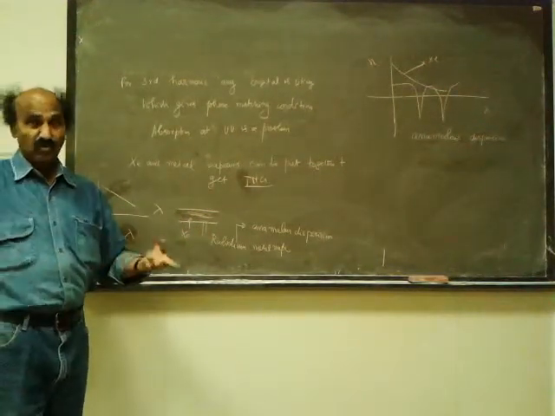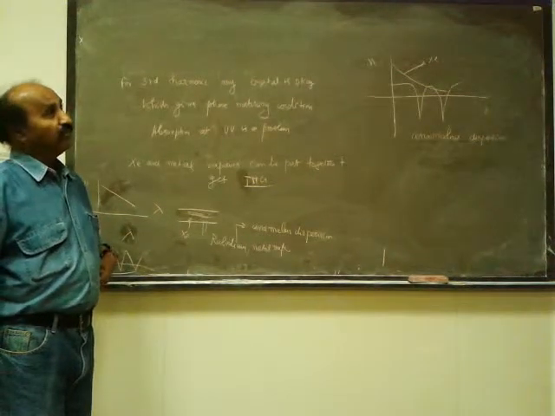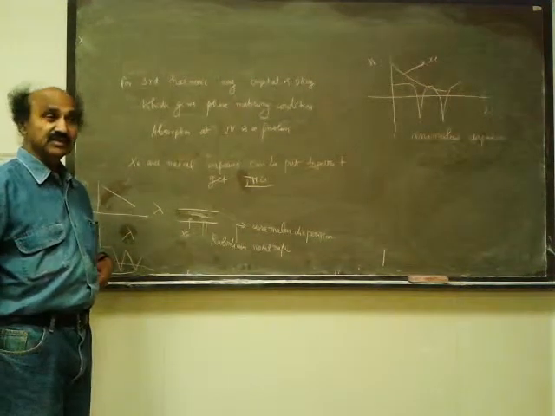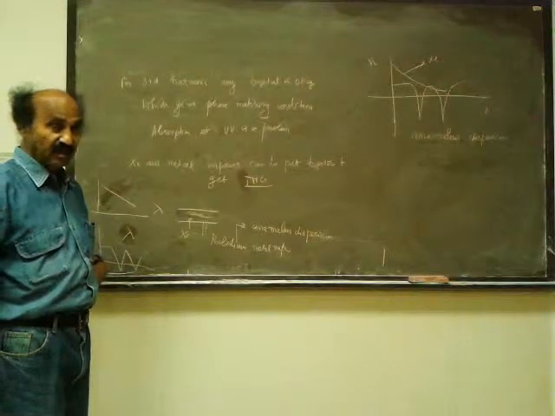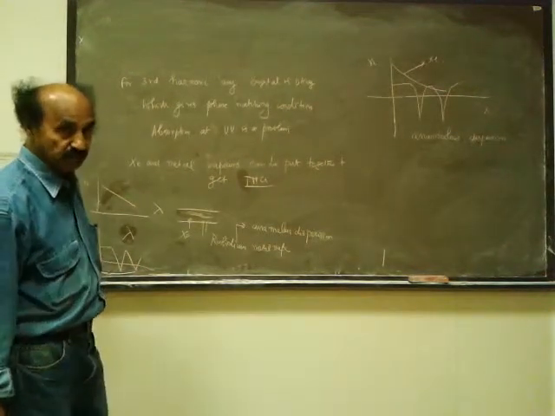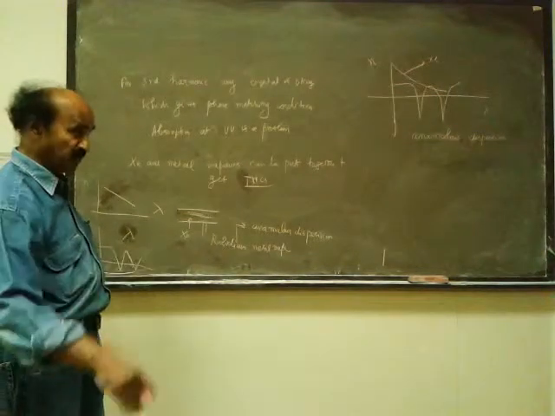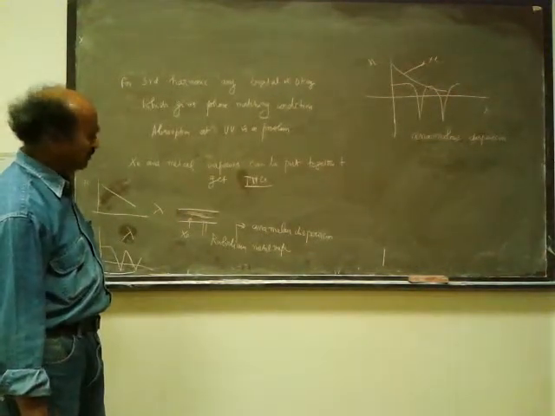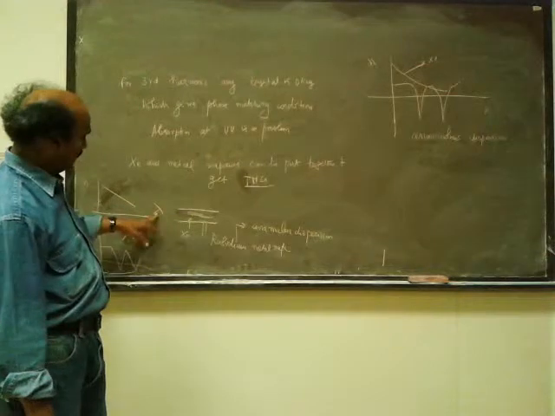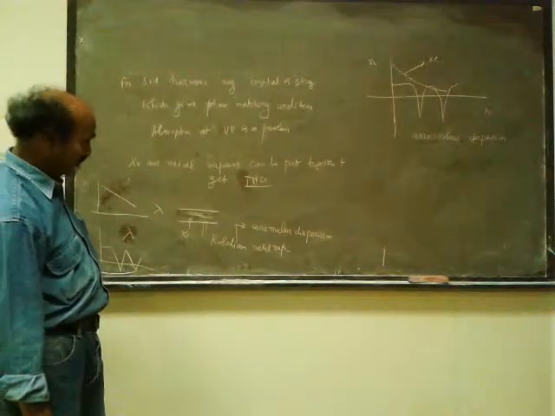In fact, in the other room once we did a Raman laser using hydrogen gas and ethylene gas also. One of the MS students did work with me. Now look at this one.